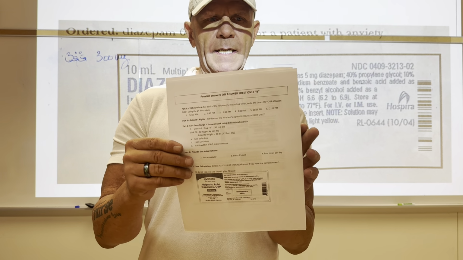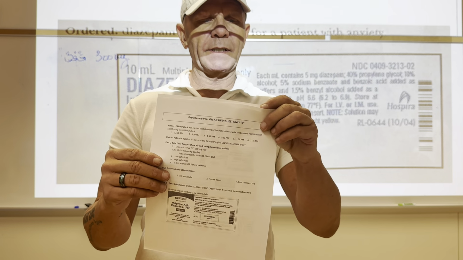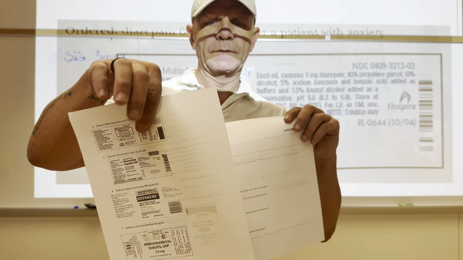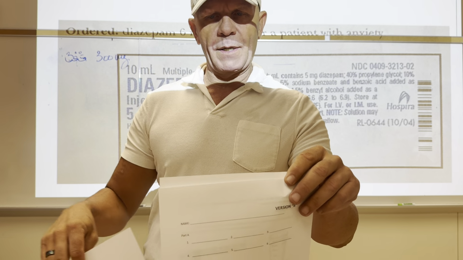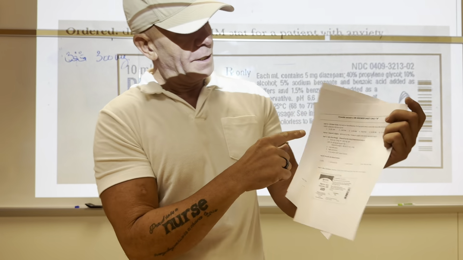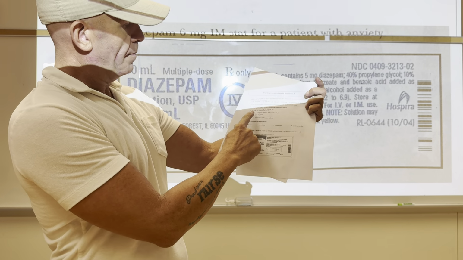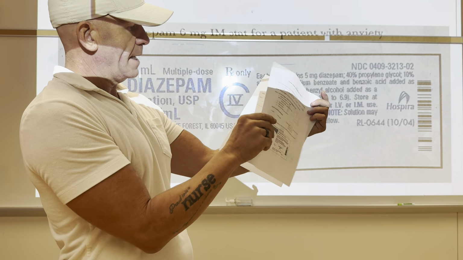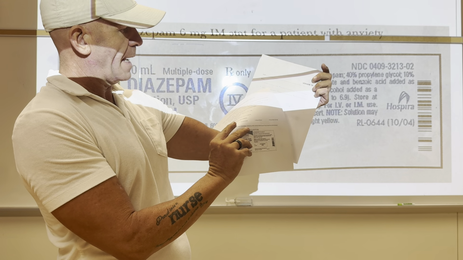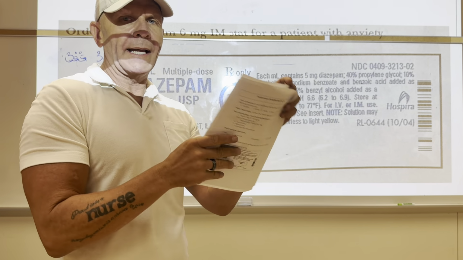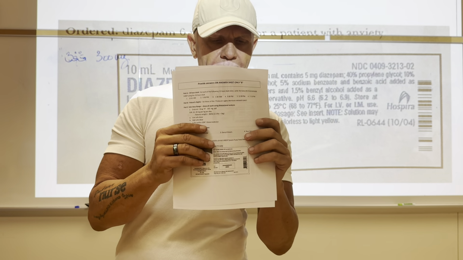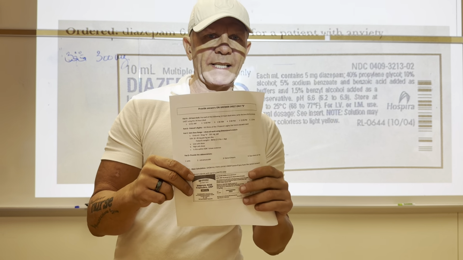It has 3 sheets. It has the front, the back, then the answer sheet with it, okay? You have sections A, B, C, D, and E. Okay, here's your answer sheet. A, B, C, D, and E. That is what gets uploaded into the homework assignment.